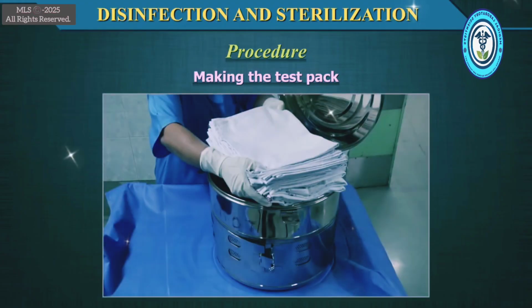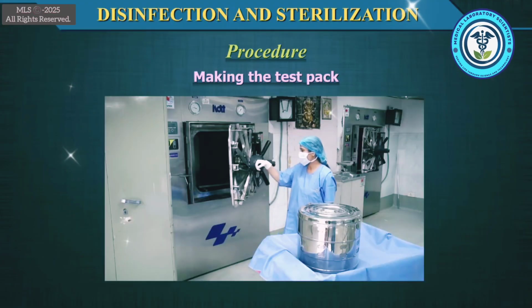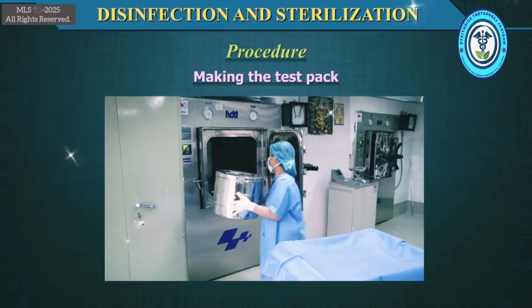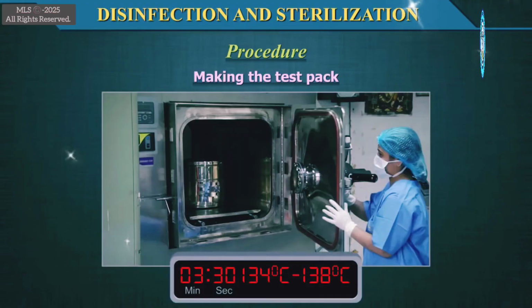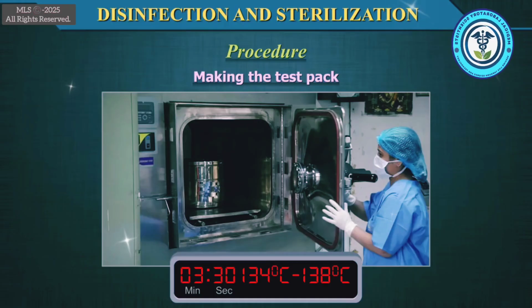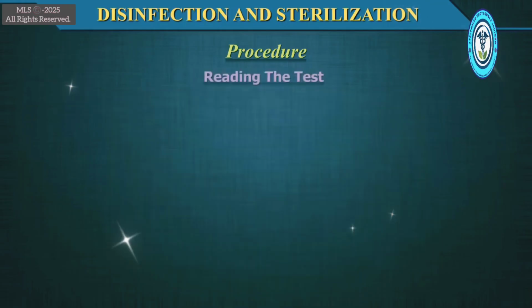The towels should be lying horizontally. It must be subjected to a standard sterilizing cycle. The holding or sterilizing time should not be more than 3.5 minutes at a temperature of 134 degrees Celsius to 138 degrees Celsius. Reading the test.